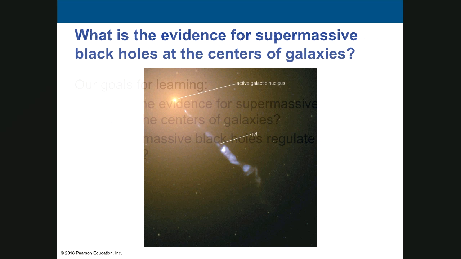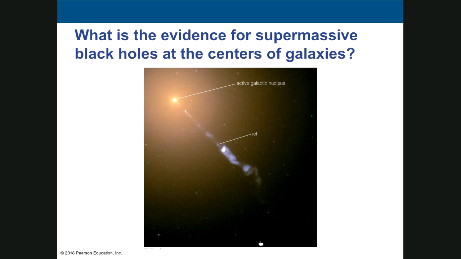So if we look here, first we want to say, well, what's some more evidence of these supermassive black holes? Well, there are these enormous jets in active galactic nuclei, or quasars. The only source to get this much energy to create a jet this big would be a massive gravitational source that could heat up large amounts of matter.